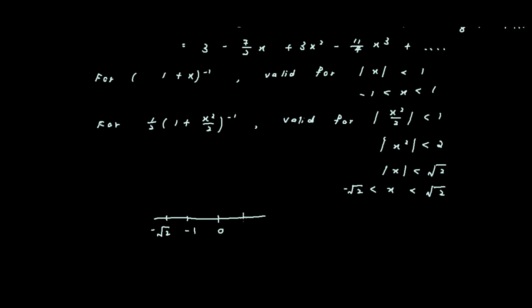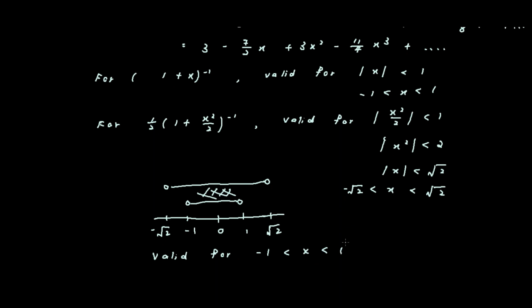Okay, 0, 1, and then square root 2. So same thing, draw the first one, then draw the second one. So the part that you want is over here only, so that's why your expansion will be valid for x from negative 1 to 1. Okay, so that's it for this type of question.